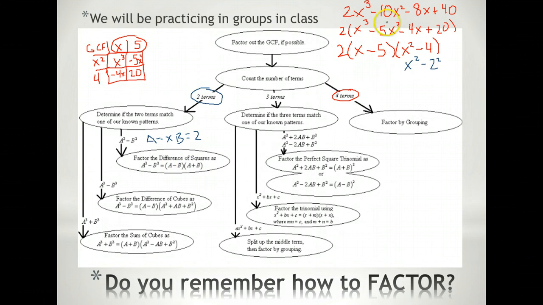So x squared minus 4 can be factored into x plus 2, x minus 2. So this finally, tacking back on everything I already did, ends up being 2 times x minus 5 times x plus 2 times x minus 2.